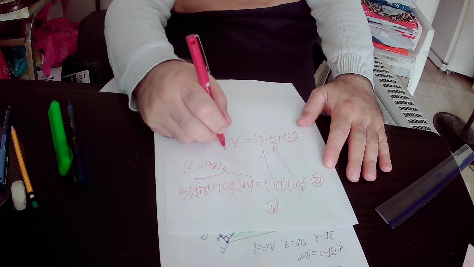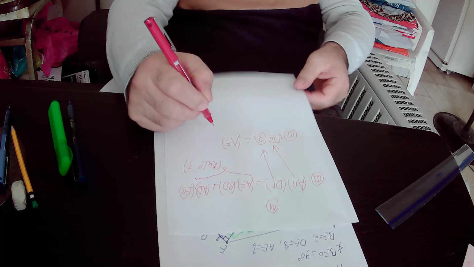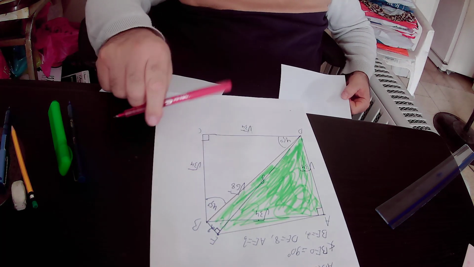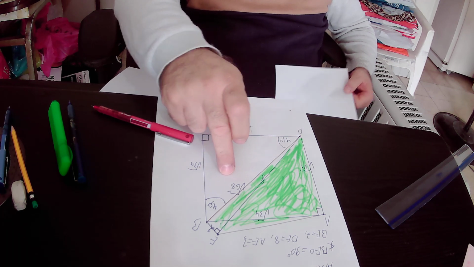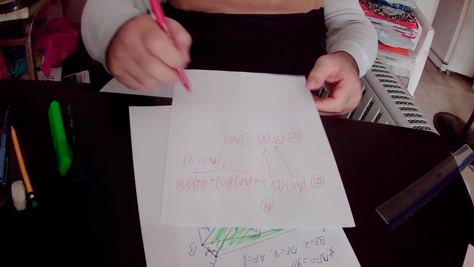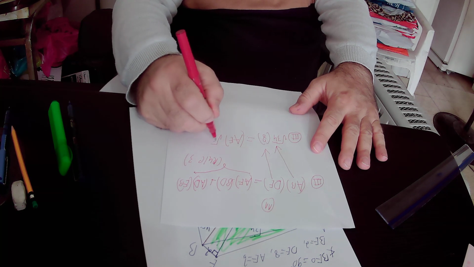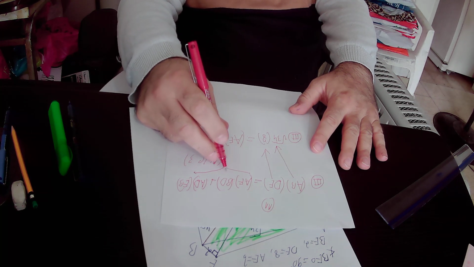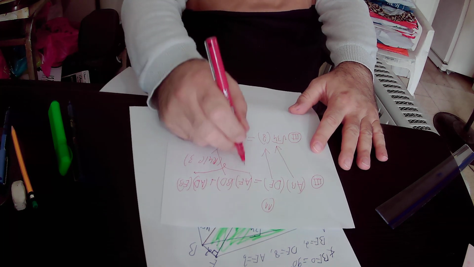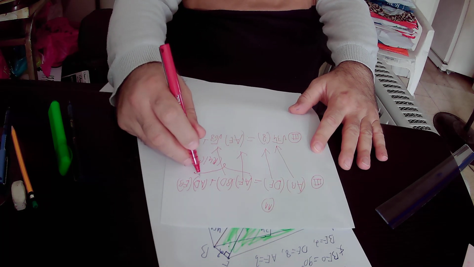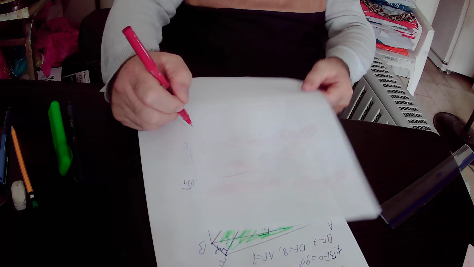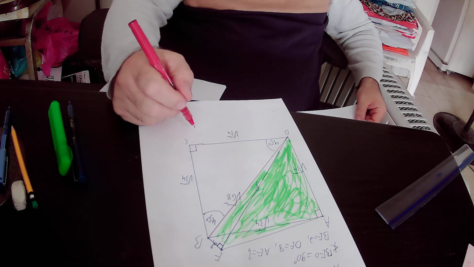AE times BD, where BD equals square root of 68, plus AD. What is the size of AD?